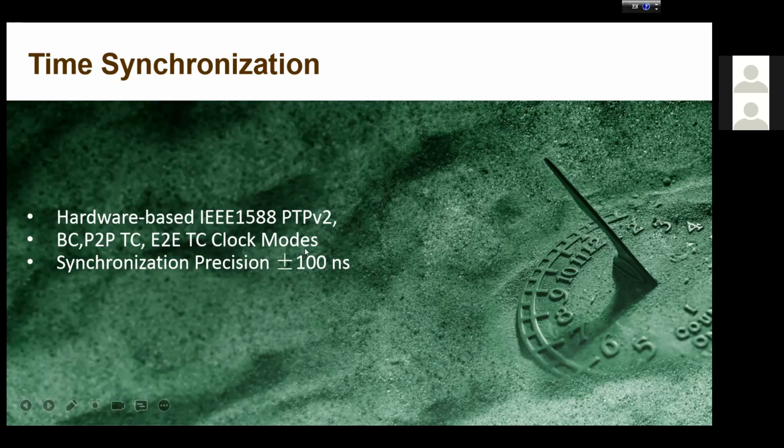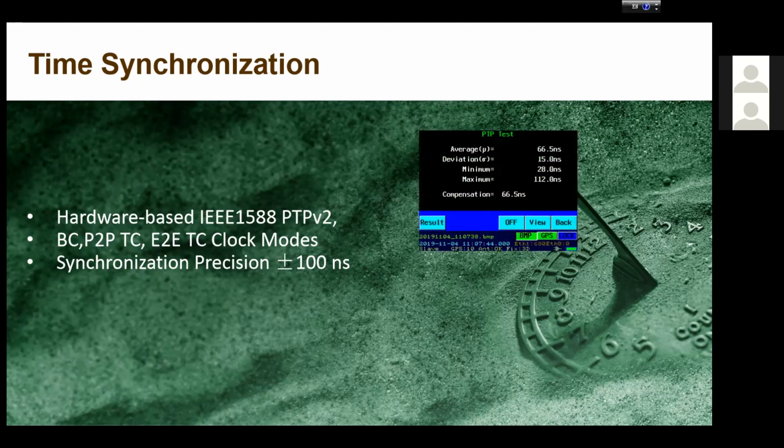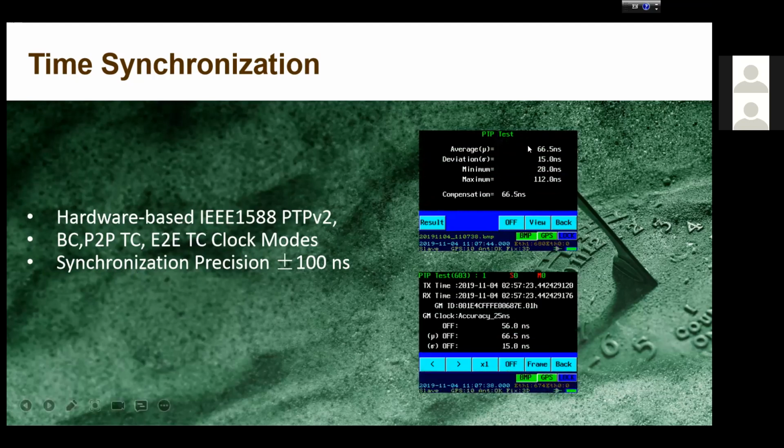They are all supported. And the synchronization precision can be less than 100 nanoseconds. And you can see that this is a screenshot from the tester. You can see that the average accuracy is 66.5 nanoseconds.